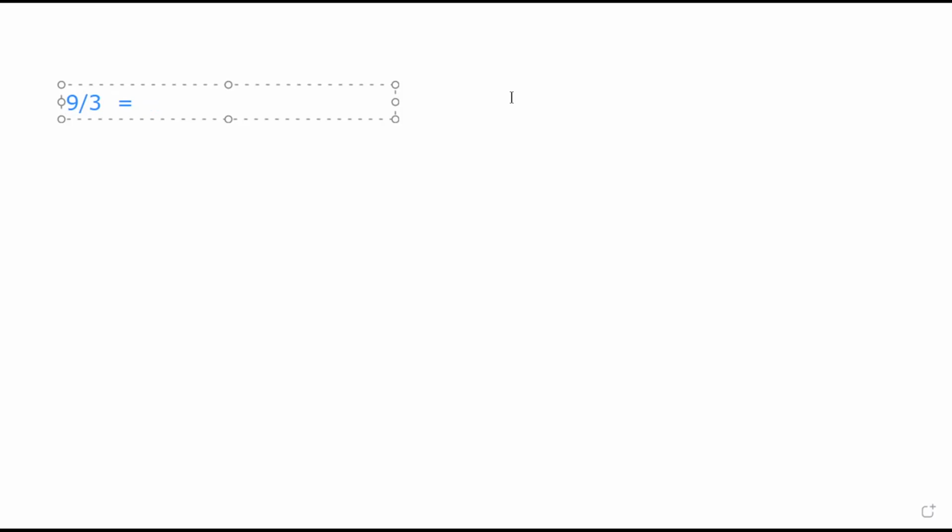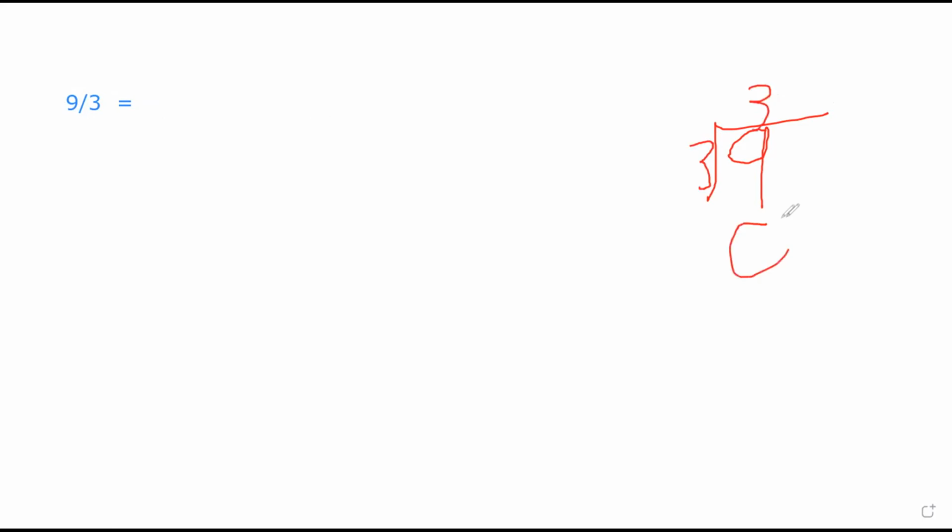So, for example, over here, 9/3 is an improper fraction. So 9 divided by 3, you get 3. This is one of the improper fractions.